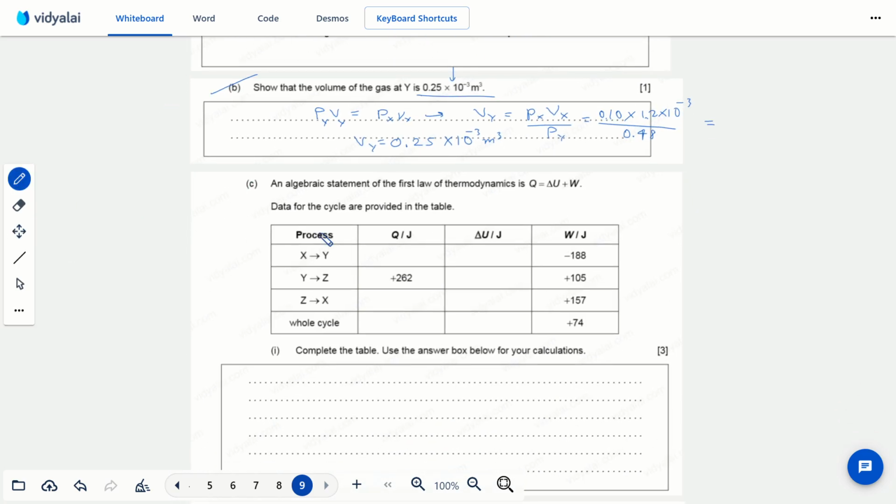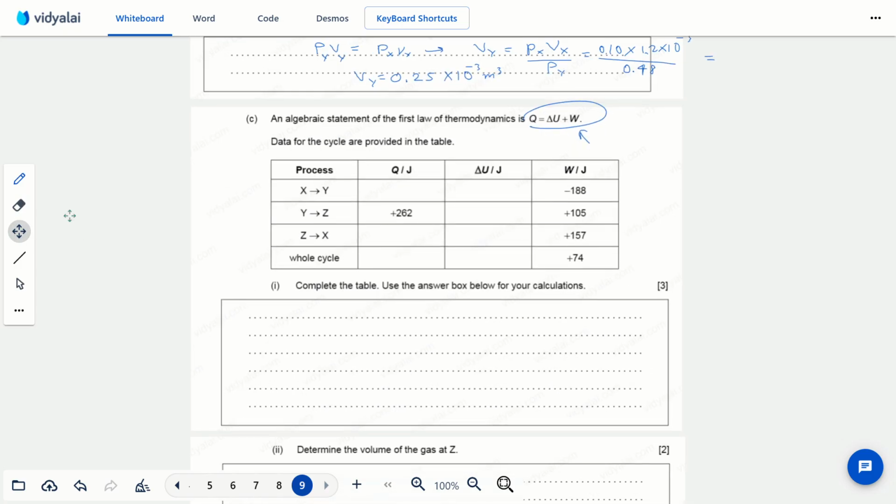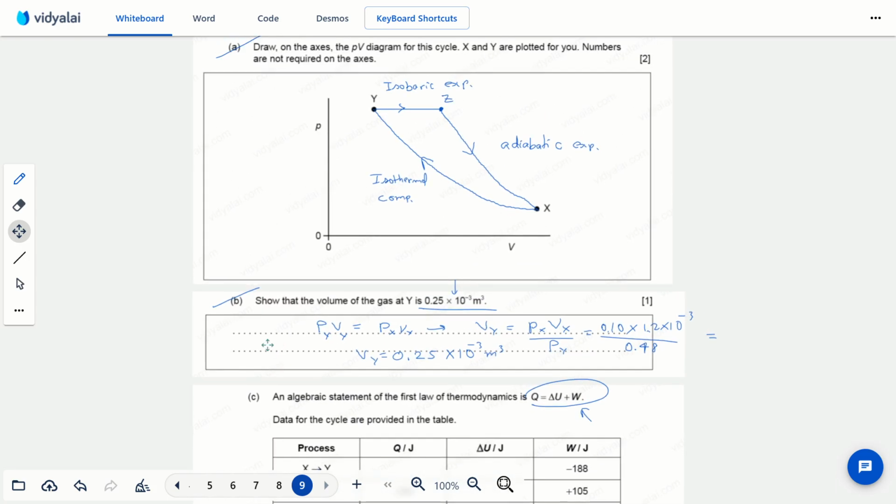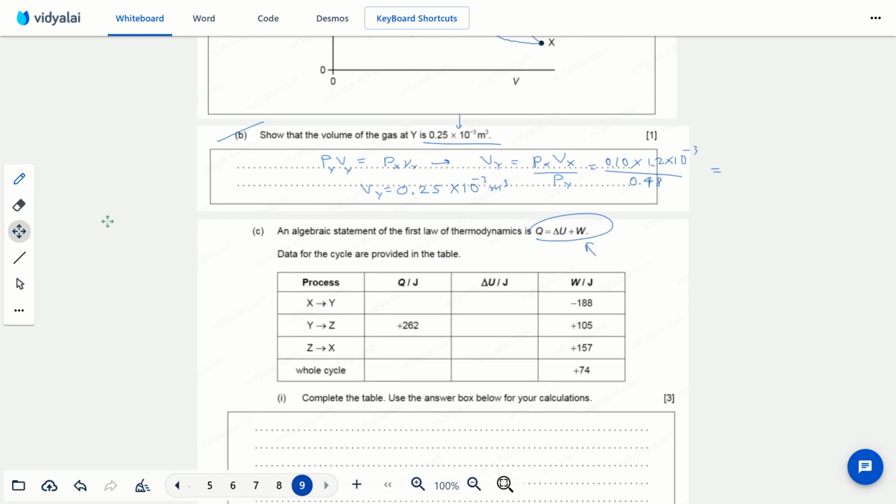Moving on to part C, here it says, well, this is the equation that's stated in the first law of thermodynamics, and the first part of this question says to complete this table and use this answer box for calculations. And yes, X to Y is an isothermal compression.